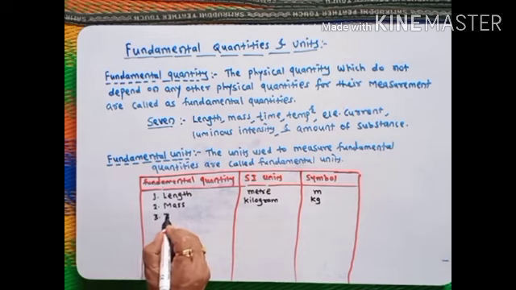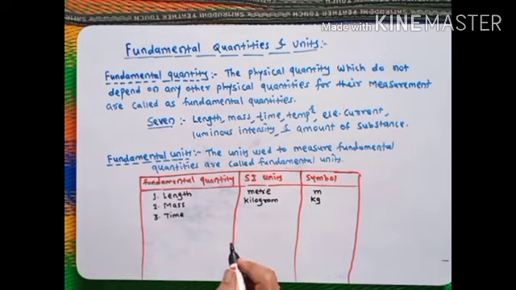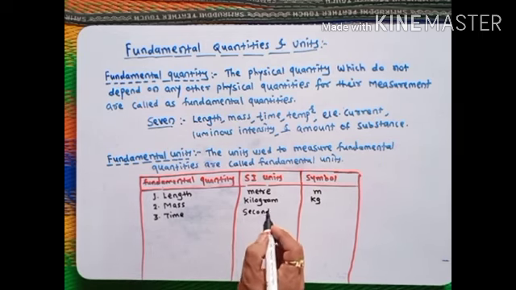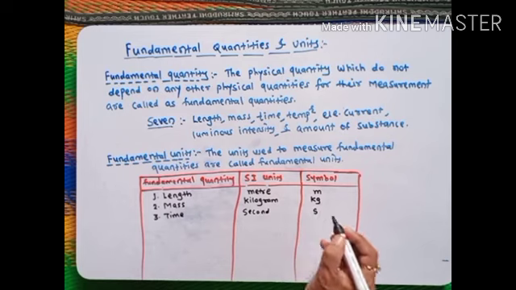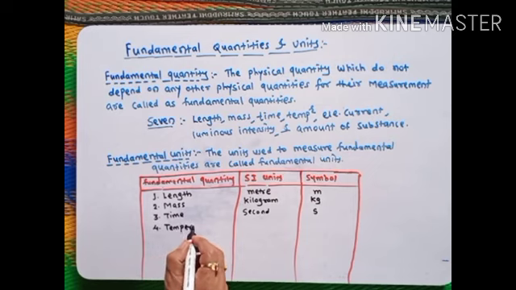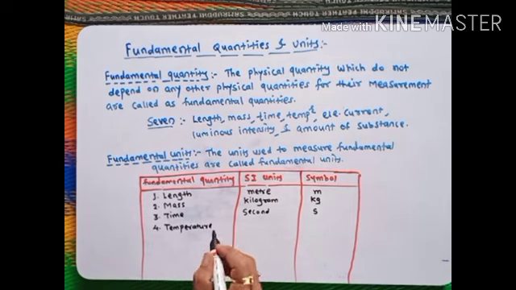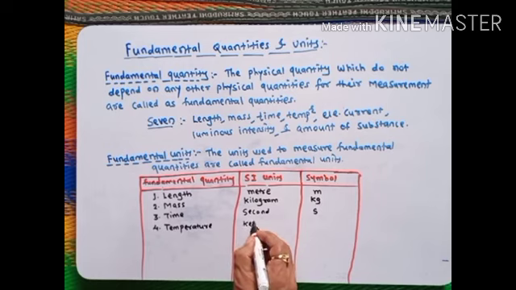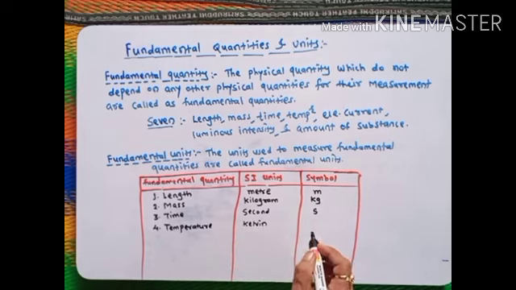Third quantity, time. Its unit is second and we write simply s. Fourth fundamental quantity, temperature. It is measured in Kelvin and the symbol is K.